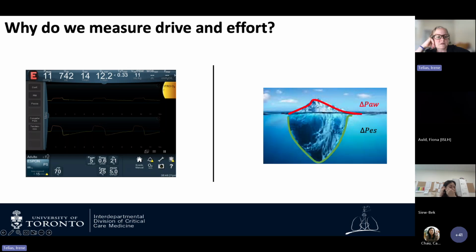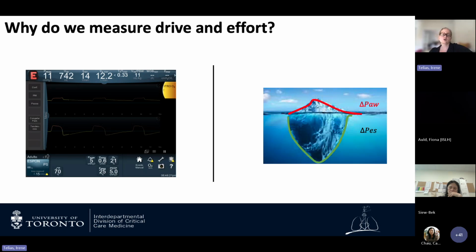When we're looking at the ventilator screen, we're just looking at the pressure that is applied only by the ventilator. When a patient is breathing spontaneously with the help of the ventilator, this is what we call assisted ventilation.